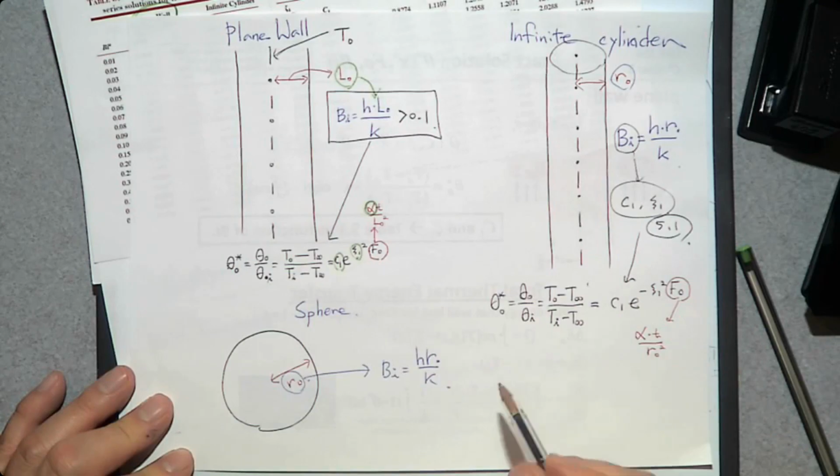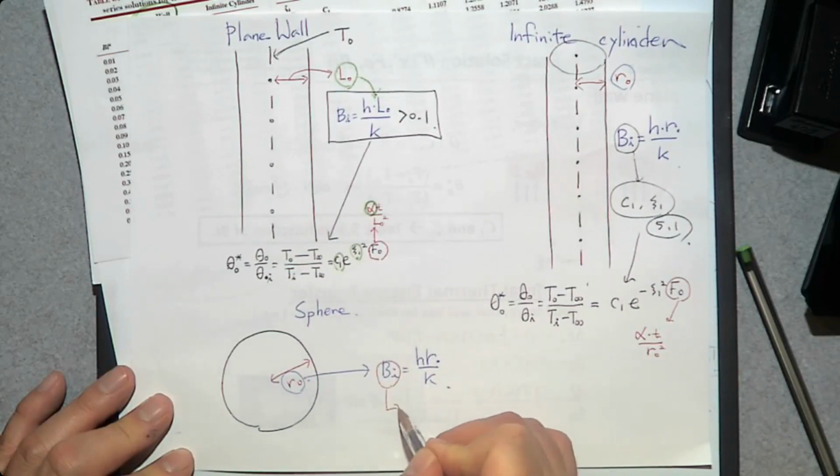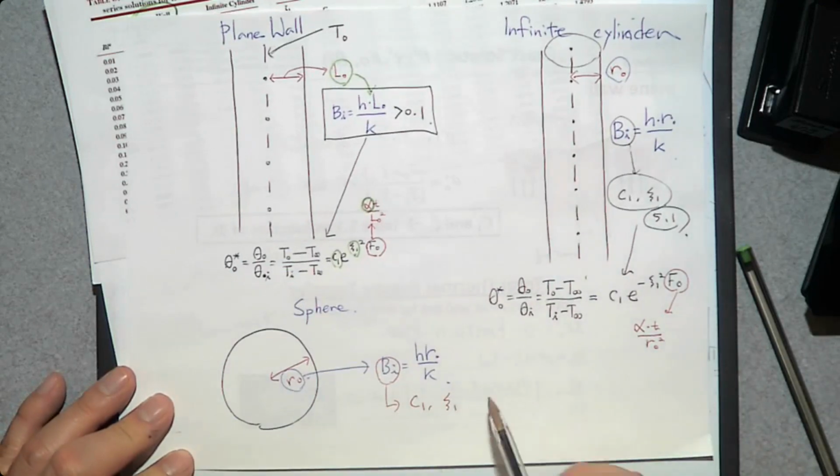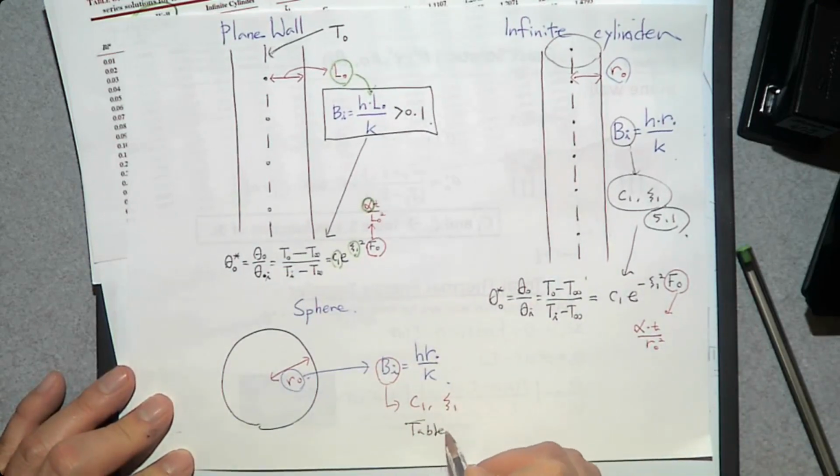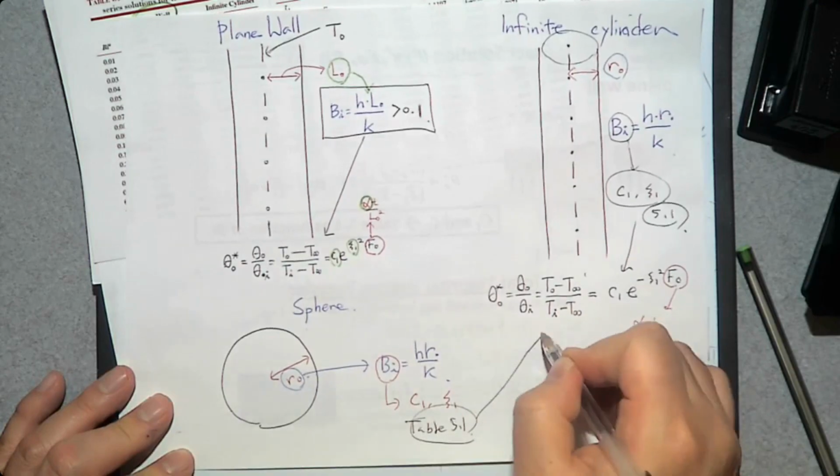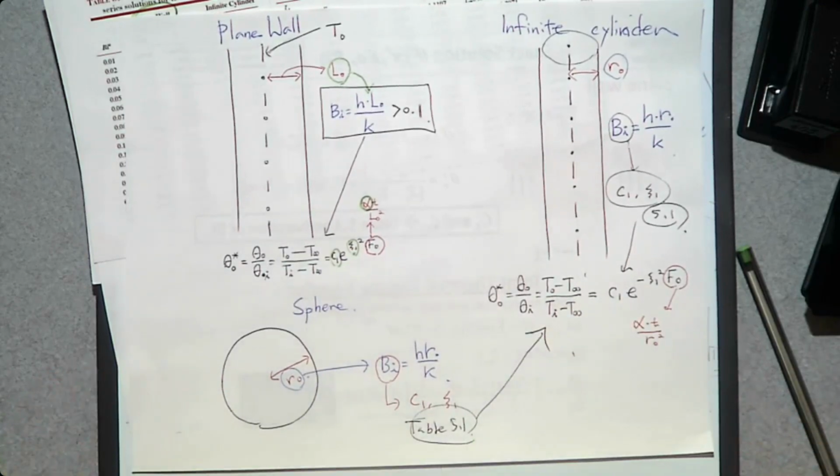And once you get the Biot number, find C1 and Z1 from the same table 5.1, and use this equation. So there are three geometries: the plane wall, the infinite cylinder, and the sphere.